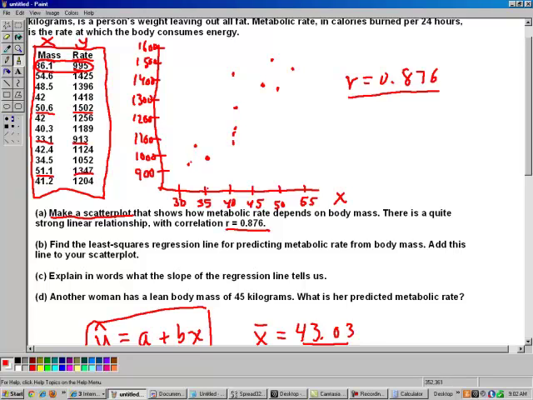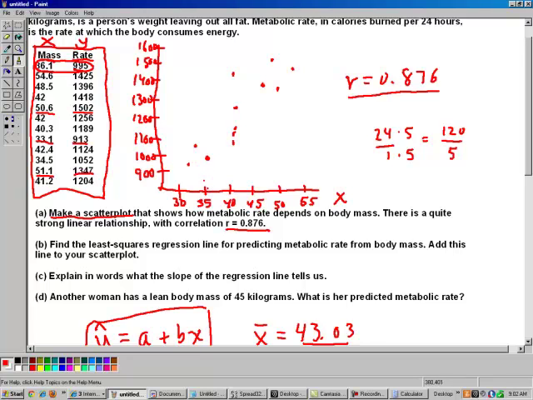Instead of the slope being 24 to 1, let's times that by 5. 24 times 5 is 120. That's a more useful slope as far as graphing goes. So every time x goes up by 5 kilograms, y will go up by 120 calories burned per 24 hours. And so then I have a little bit better of a sense of the slope here.